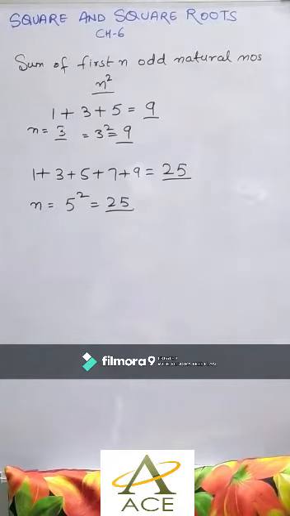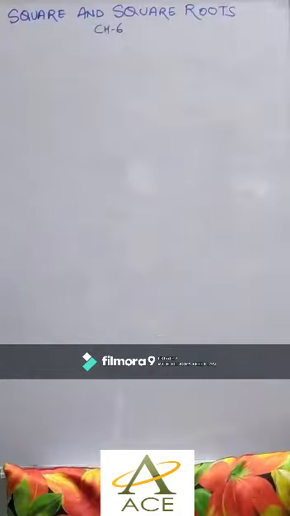Now the next property is that if a natural number cannot be expressed as a sum of successive odd natural numbers starting with 1, then it is not a perfect square.